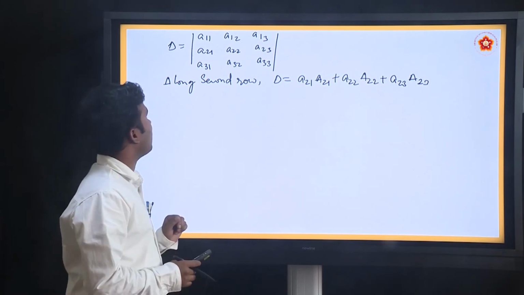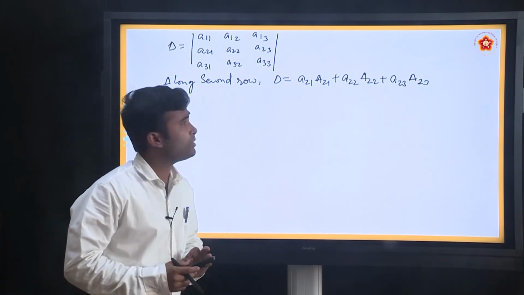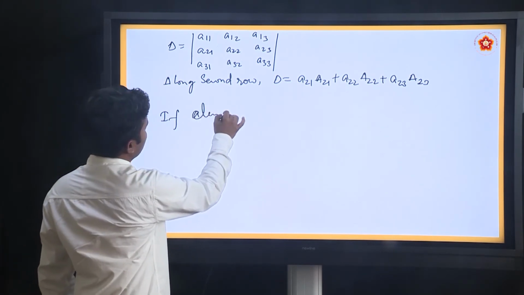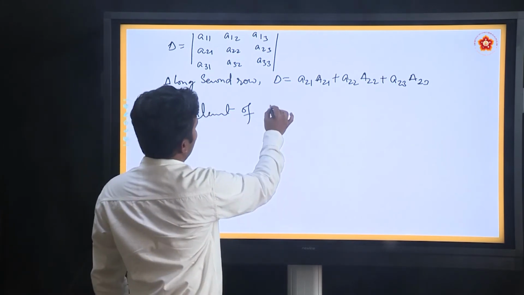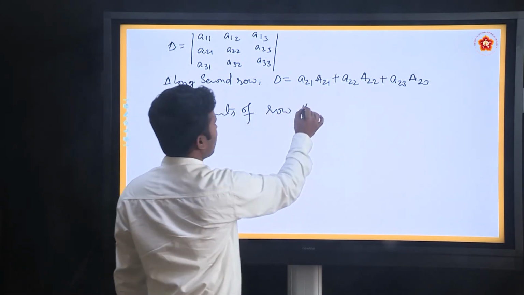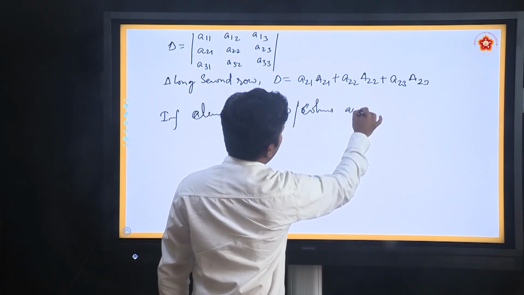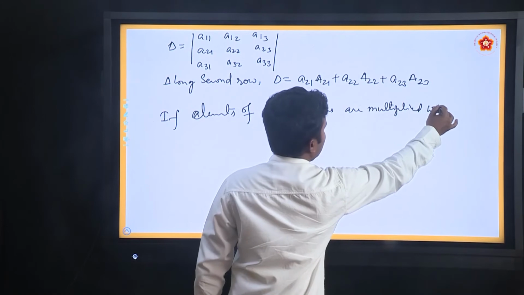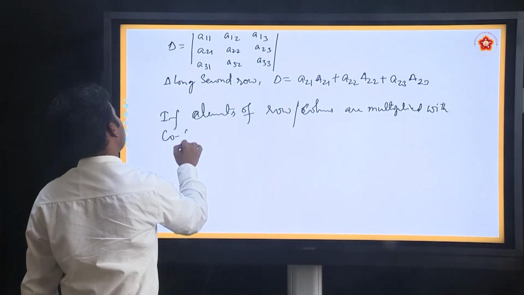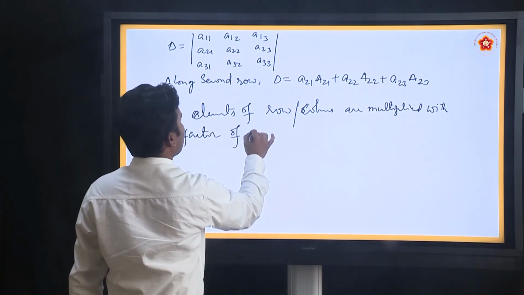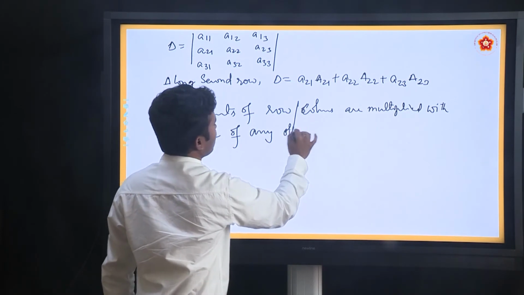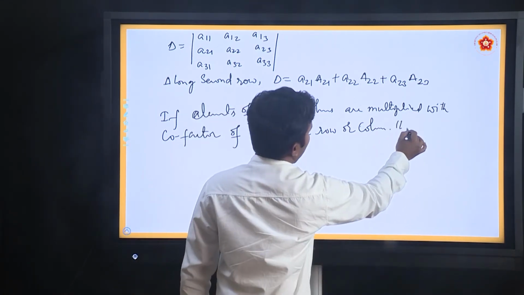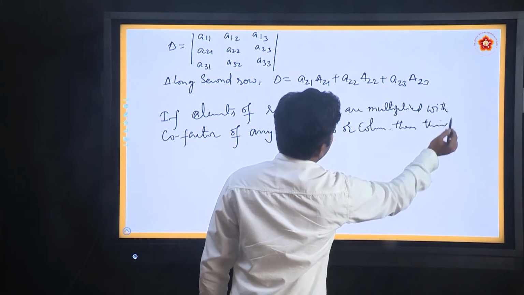And one more thing we can discuss here: if elements of a row or column are multiplied with the cofactors of any other row or column, then their sum becomes what?